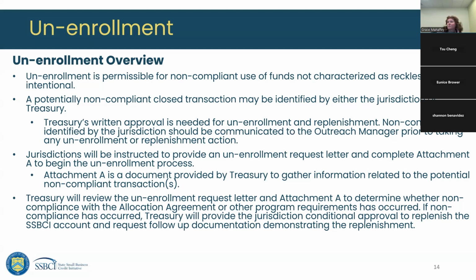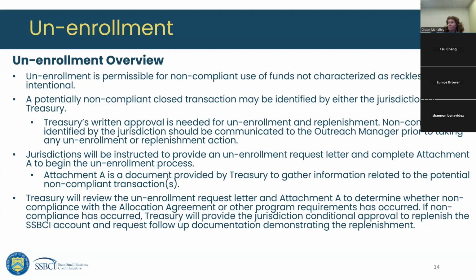The unenrollment request letter should state how the non-compliant transaction was discovered, what internal controls measures the jurisdiction has taken to mitigate that particular risk of non-compliance, and how the jurisdiction proposes to replenish the SSBCI account.